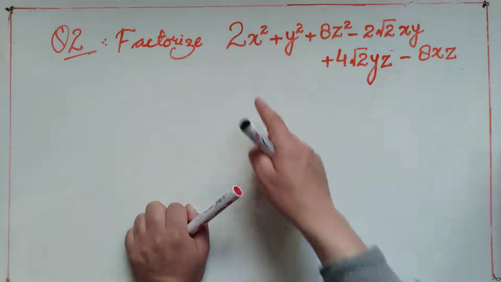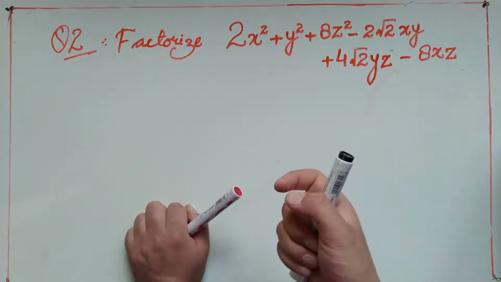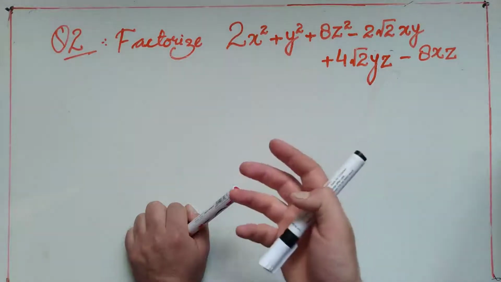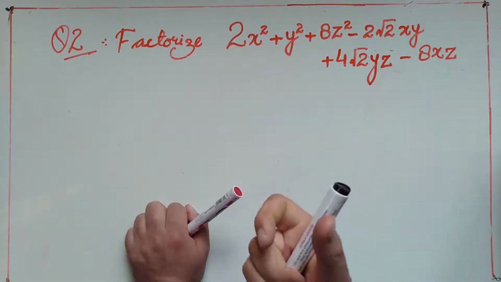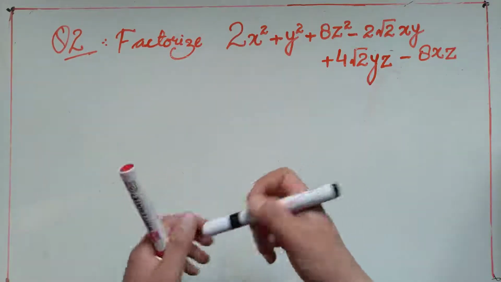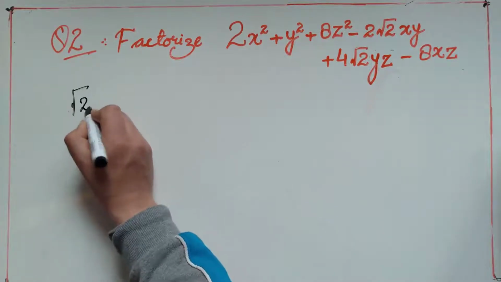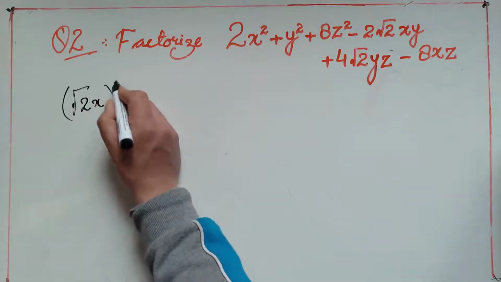So to do that, I have to convert this into a whole square, which I later can call as my a square. Now 2 is not a perfect square, so how can I convert this into whole square? We know that when it is a number which is non-perfect square and you have to convert into a whole square, you use square root for that. So I am going to write down this as root 2, and then there is x, and then there is whole square.